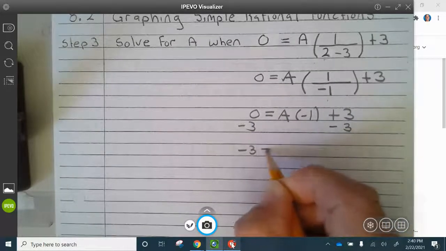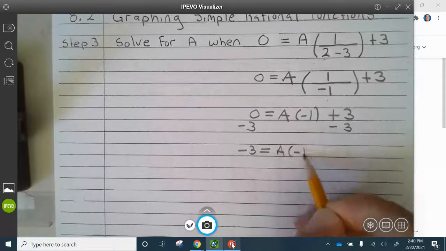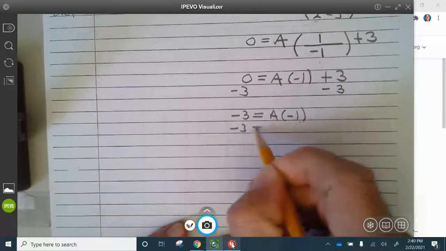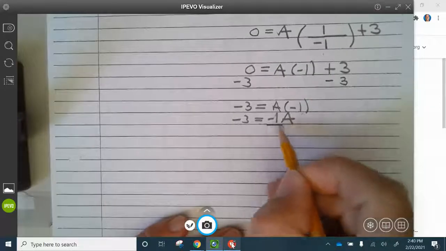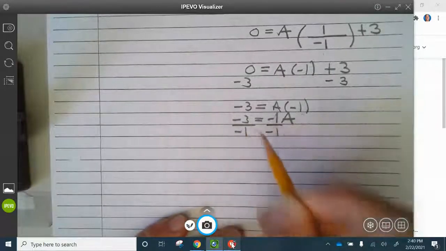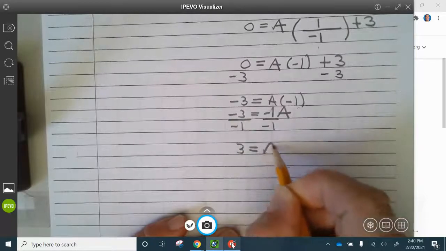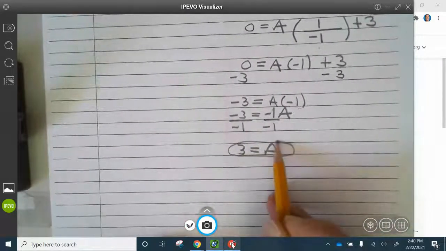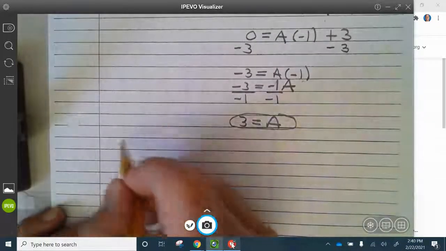So our equation, okay, we know that h equals 3, k equals 3, and now a equals 3. Well, that makes it fun. We plug that into y equals a, parentheses 1 divided by x minus h plus k.